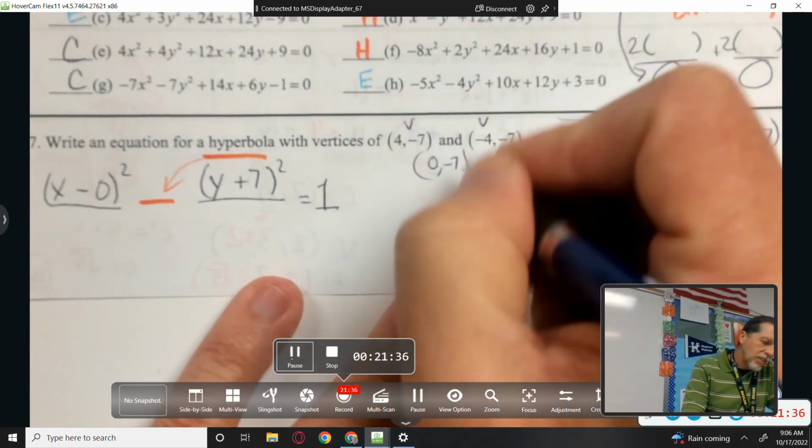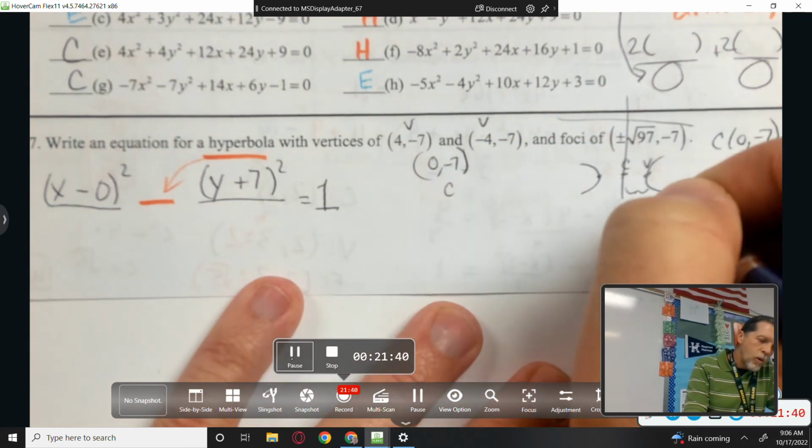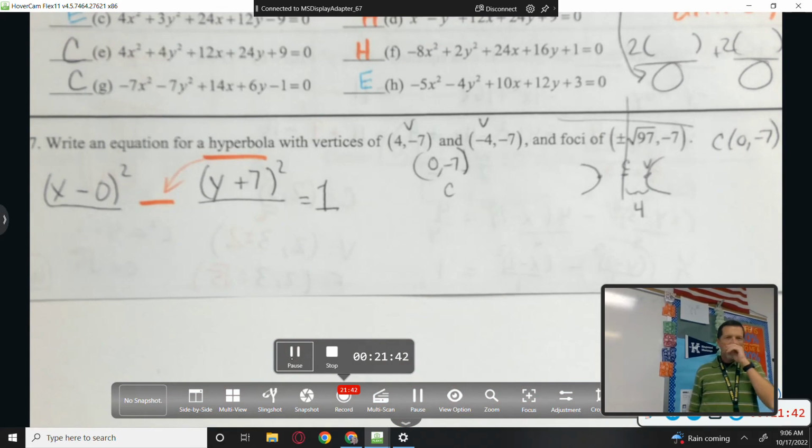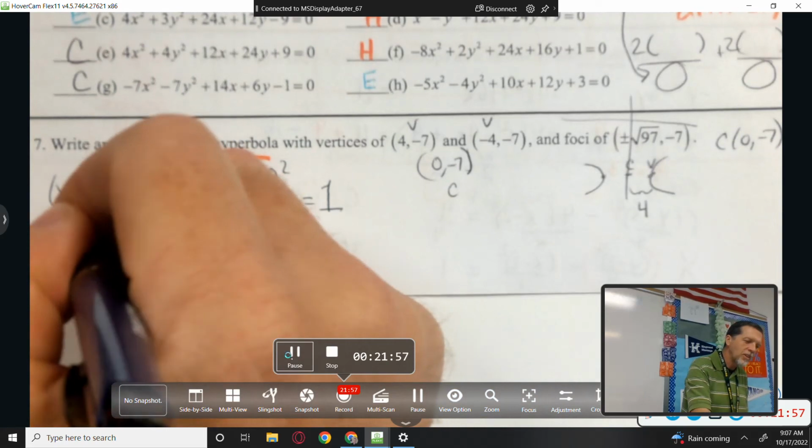Vertex, vertex, center. So that's 4. What do we do with that 4? Square it and put it where? Under the x. Why under the x? Because that's the one that's changing. That's the left and right values, so that 16 will go under the x.